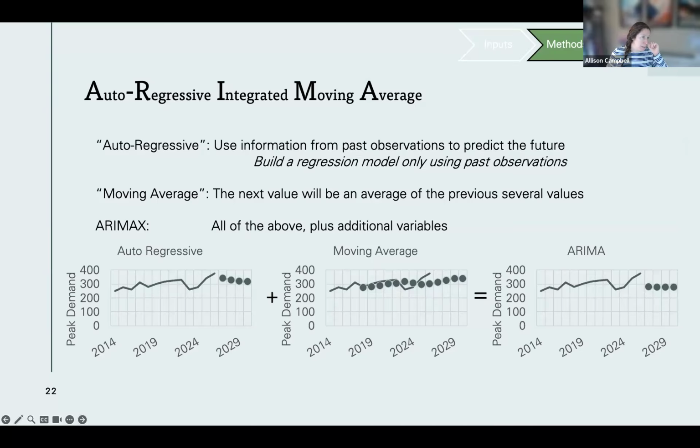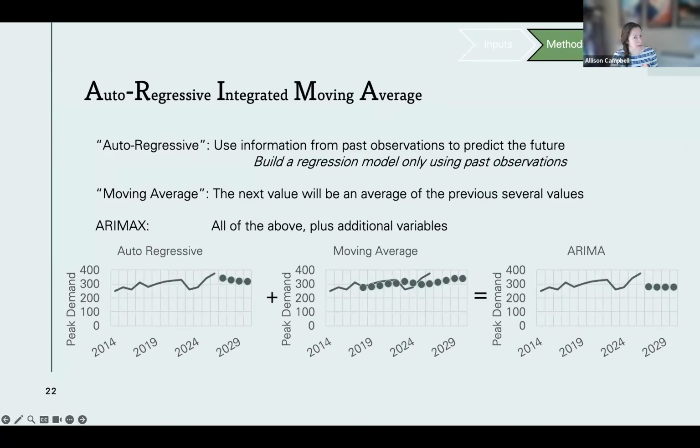So ARIMA uses information from past observations to predict the future. You can think of this as building a regression model using only past observations. That's the autoregressive part here. I've broken this down into a little dummy model on the bottom. So imagine that on the left, we have an autoregressive.